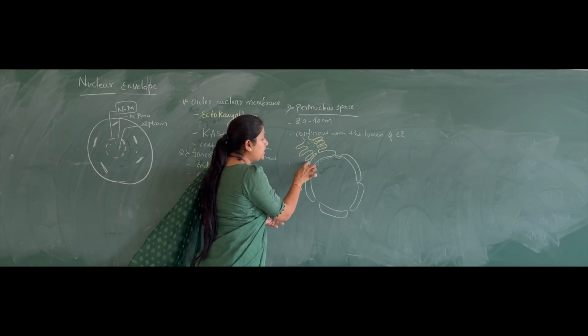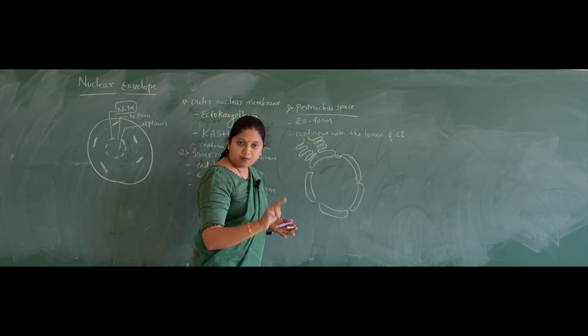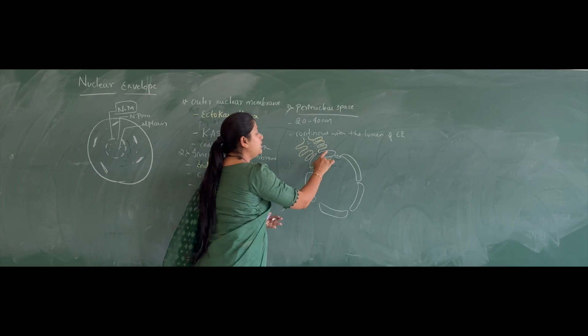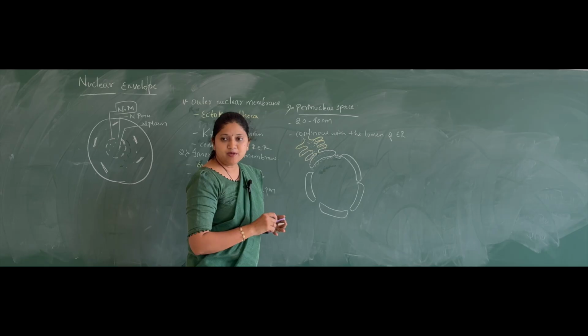So here the outer membrane of the nuclear membrane is also continuous with the endoplasmic reticulum, and the perinuclear space is also continuous with the lumen of the endoplasmic reticulum.